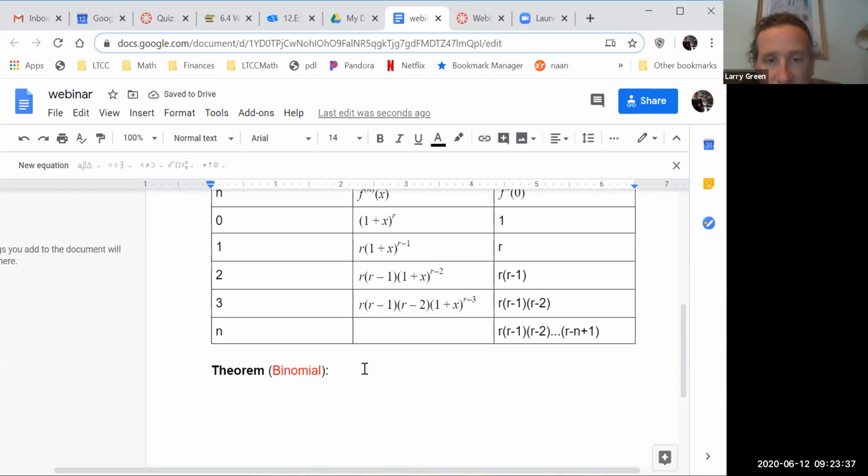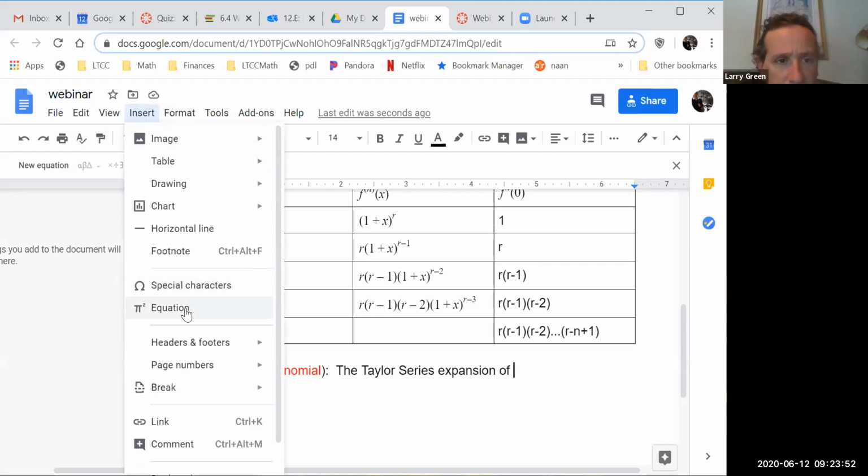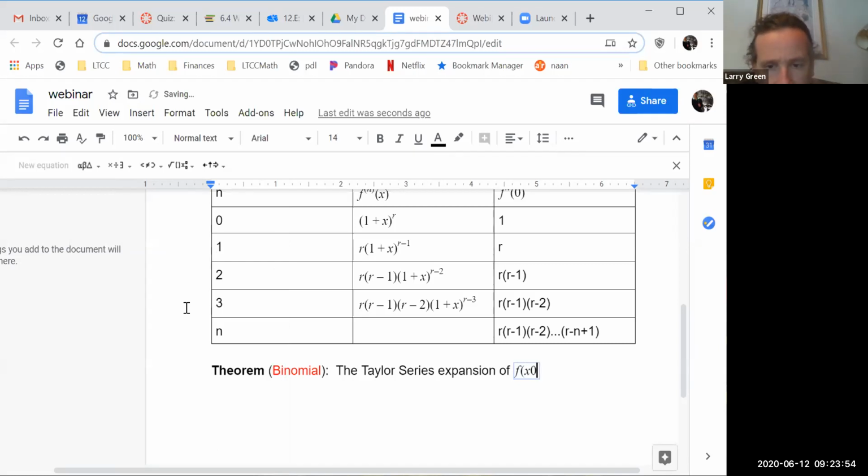What it says is that the Taylor series expansion of (1 plus x) to the r is, and what we're going to have is a summation.